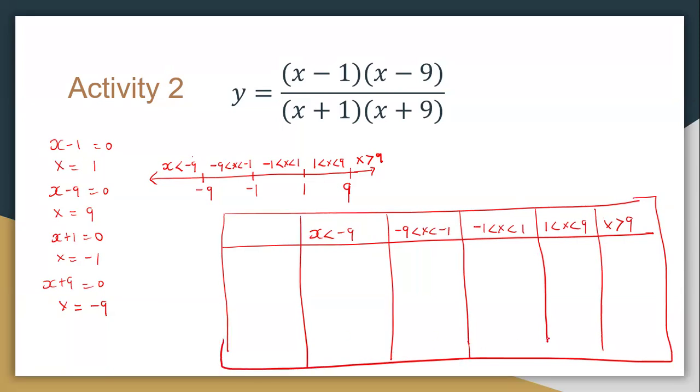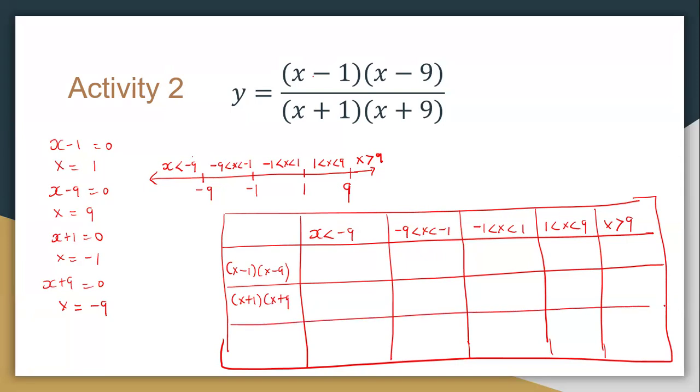Now, after getting those values, I'm going to come back and say, what things do I have? I have x minus 1 and x minus 9. So I can first put them together, x minus 1, x minus 9. Also, I have x plus 1, x plus 9. I have it like that. I have it like that. And then I'll have my y.